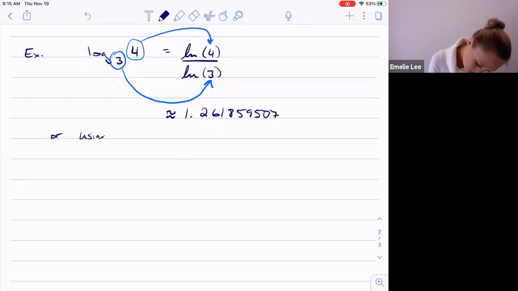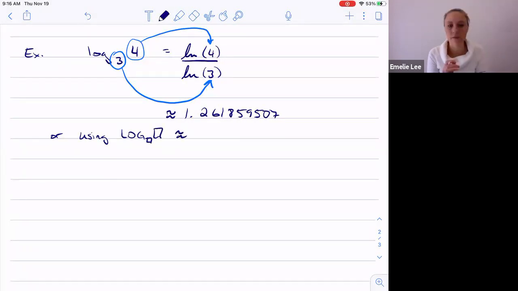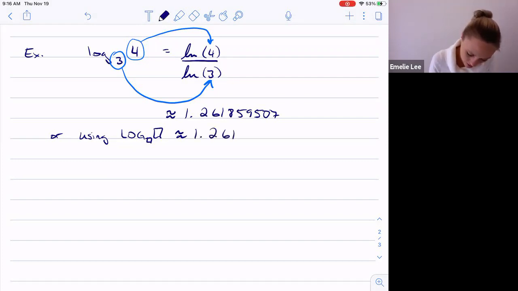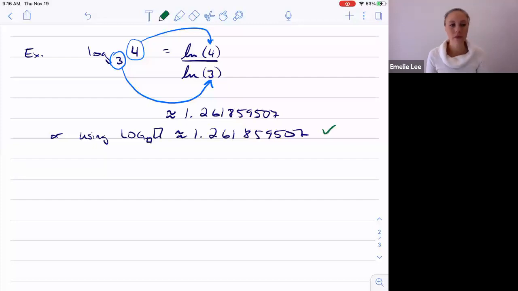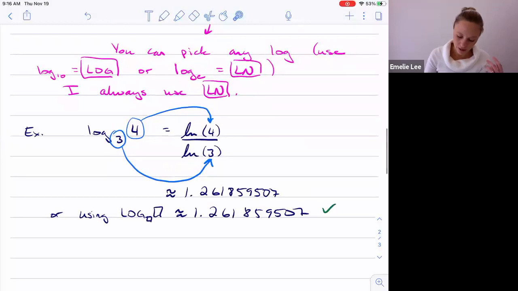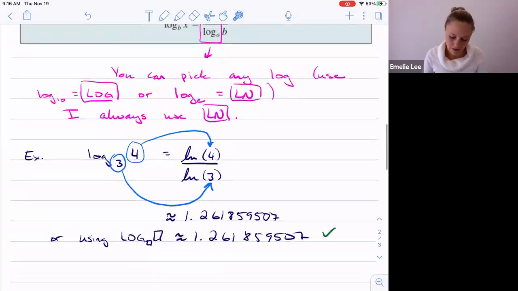Or using the log base whatever button, just on your calculator, try log base 3 of 4. I get the same approximation, 1.2618595507, which is good. So it confirms that it works. And so if you're ever in a pinch, just remember that you can use this change of base formula to write it out. Okay.